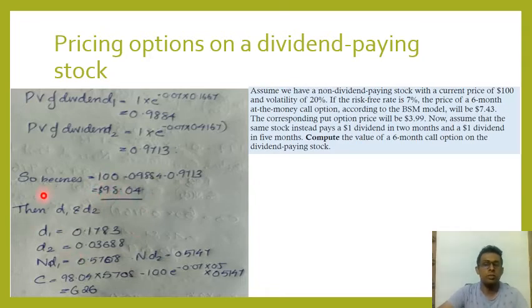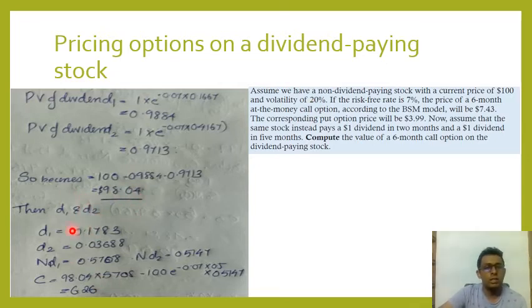Then we'll use the formula ln of S by X, plus the rate 0.07 plus 0.5 into 0.2 the whole squared, into the time, the whole bracket closed, divided by sigma into root of time, where time is 6 months, 0.5, and sigma is 0.20.